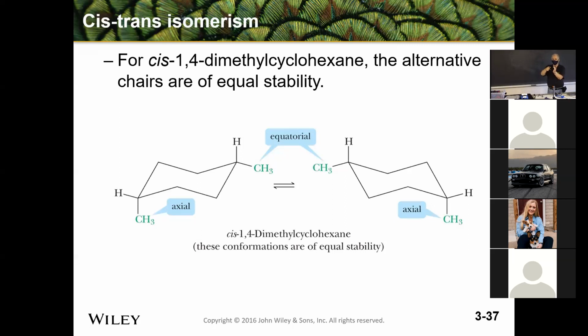When I do the conformational change, like this, it's still cis. But the one that was axial is now equatorial, and the one that was equatorial is now axial. So these have equal stability. One axial, one equatorial is the same as one equatorial, one axial.